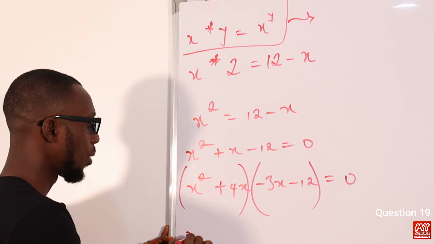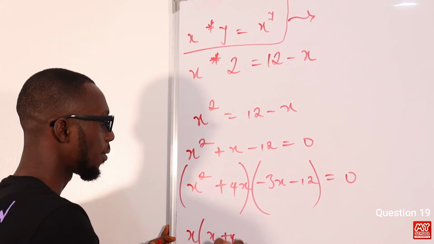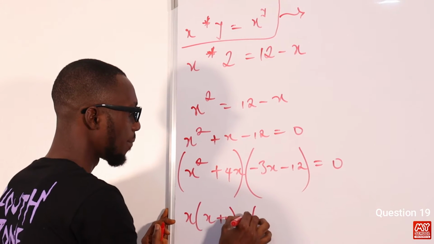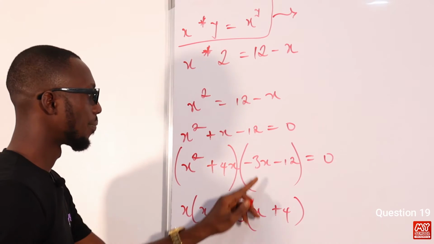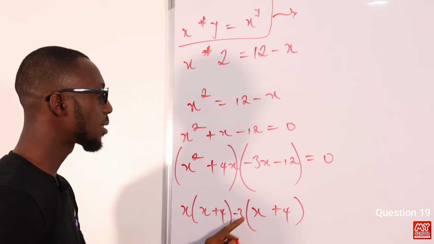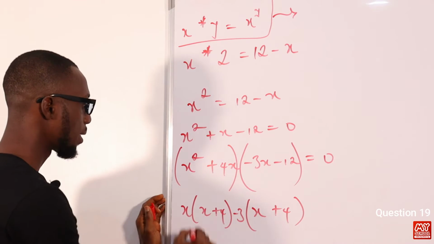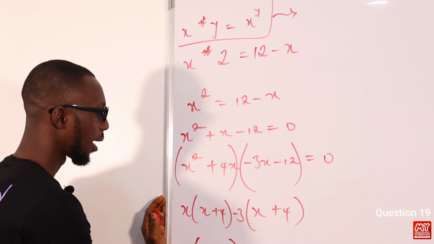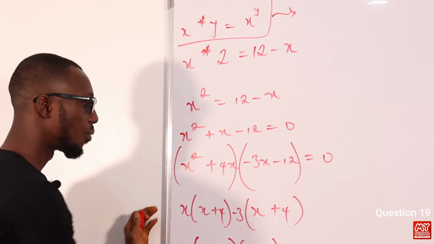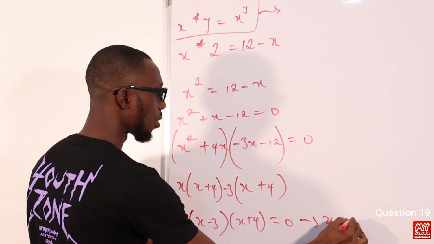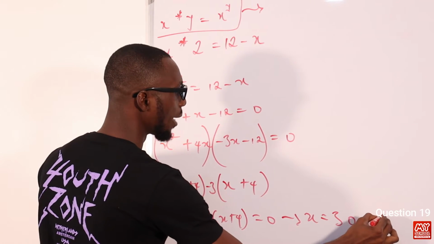All right, what's common here? We have x into brackets x plus 4. And here we have minus 3 into brackets x plus 4. Minus 3x minus times plus minus 3 times 4, that is 12. So basically we have x minus 3 and x plus 4 equals 0. So that will be x equals 3 or minus 4.